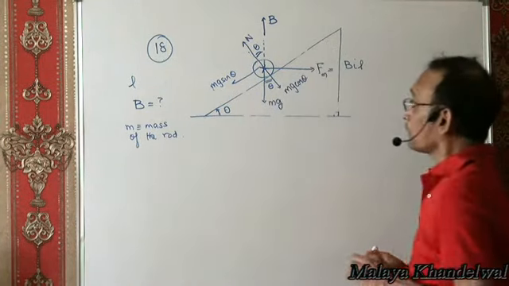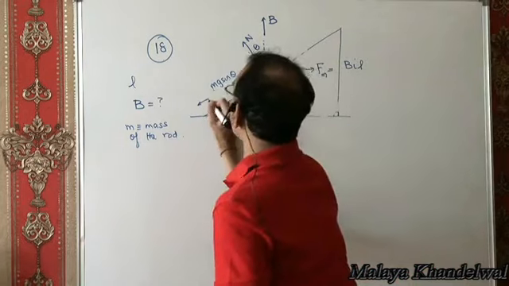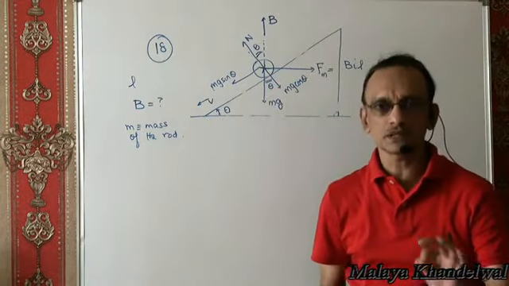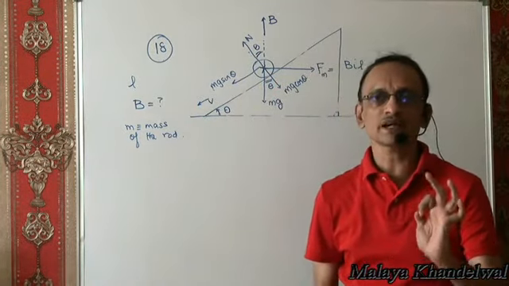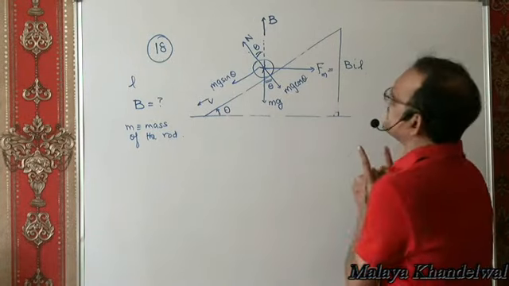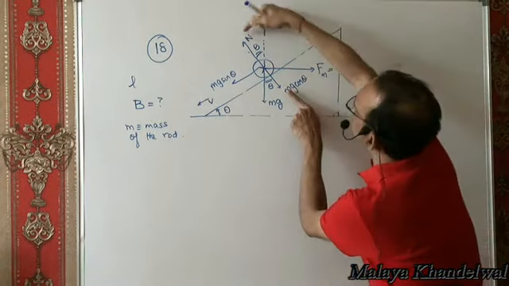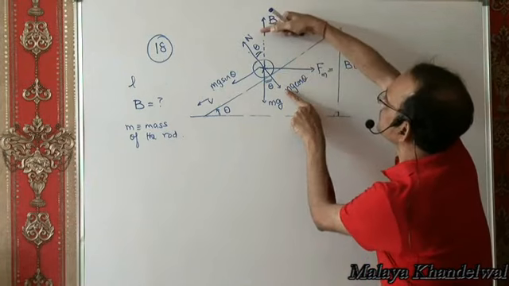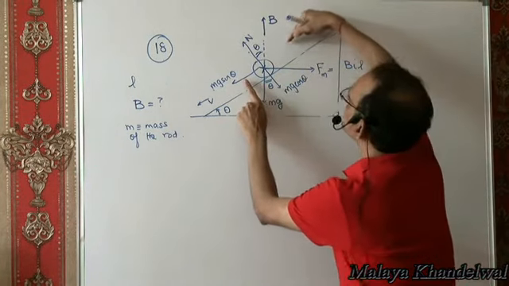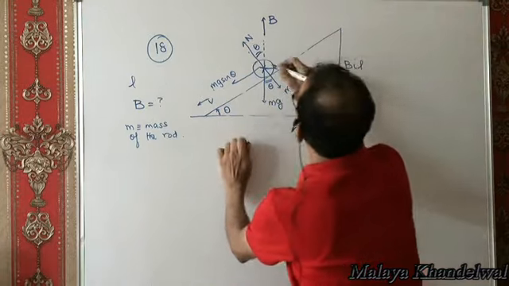Now, if it's moving down with constant velocity, what can you conclude? Simple conclusion: the net of all forces acting must be 0. Parallel to the plane, something has to balance mg sin theta.